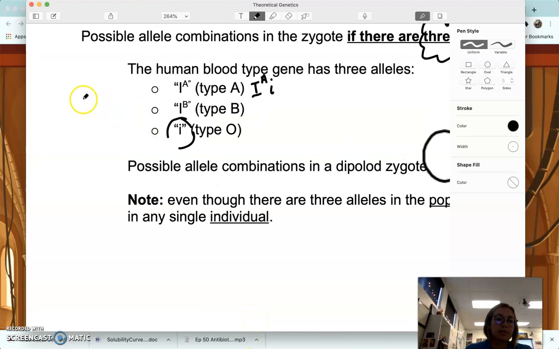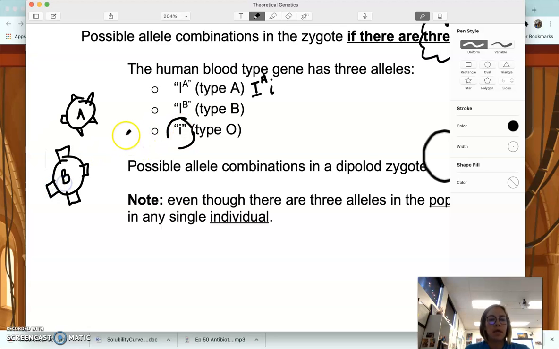So for example, type A, you might have alleles like this or proteins like this on the surface of your blood. Whereas type B, maybe you have alleles like this. I'm sorry, again, proteins like this on the surface of your blood cells. And then type O has nothing.